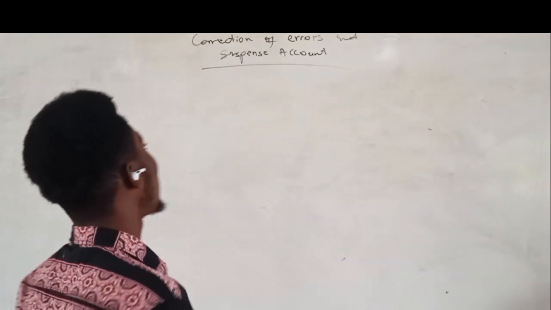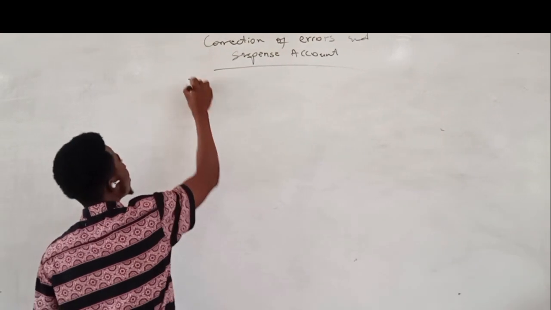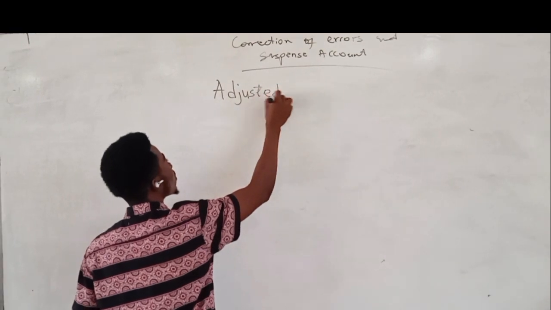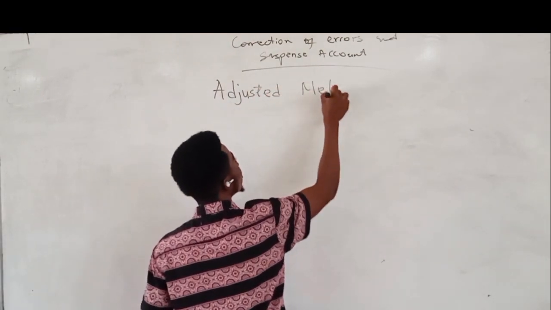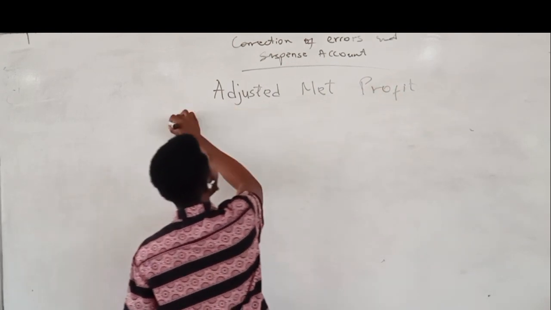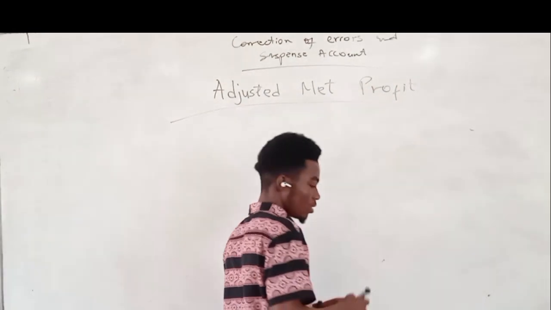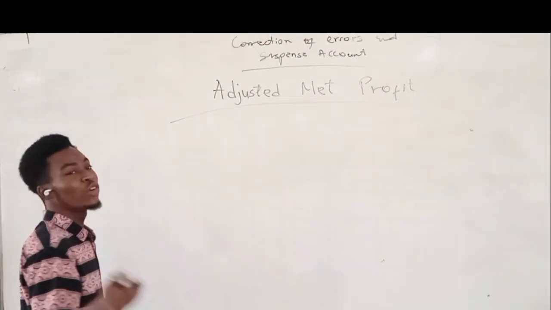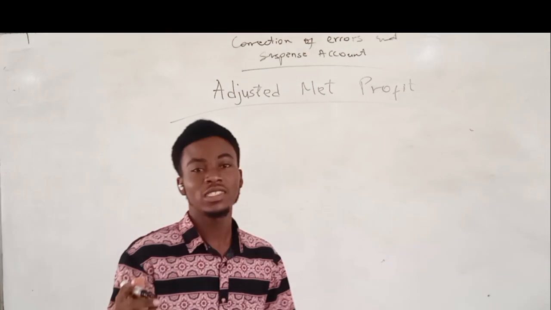So now, you have your adjusted net profit. You underline this next. Now they will give you a reported profit.